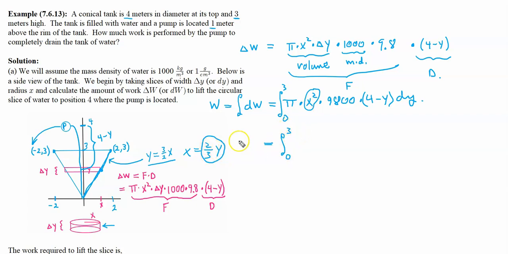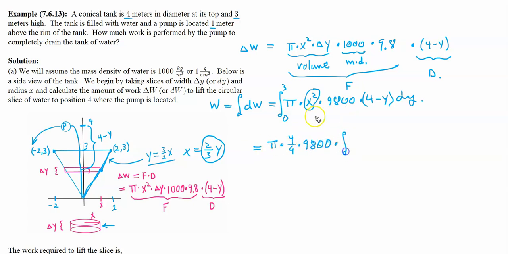So if I put 2/3 y in here, what we're going to get is 4/9. I'll put all the constants out in front here. Pi times, when I square this, I get 4/9. 9800, move that out in front.